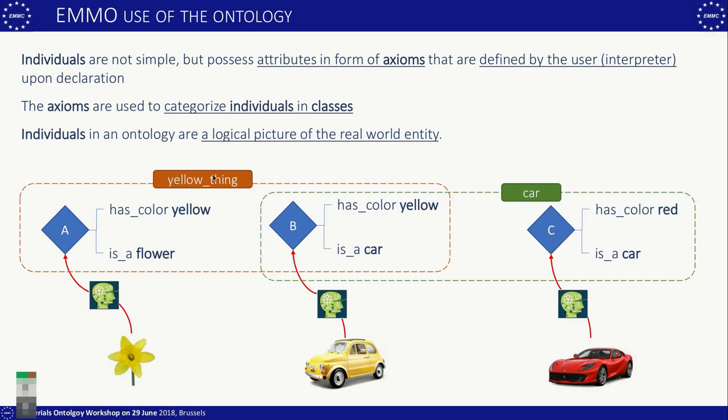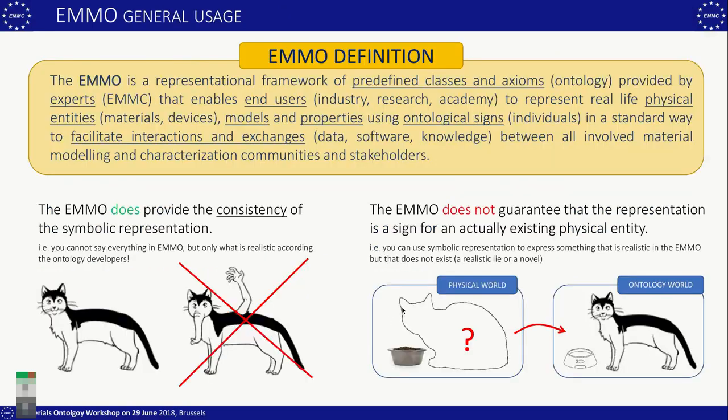For example, the class yellow thing is the class of everything that has color yellow, and the class car is the class of everything that is a car. This is a way that we use to express the knowledge in an ontology.